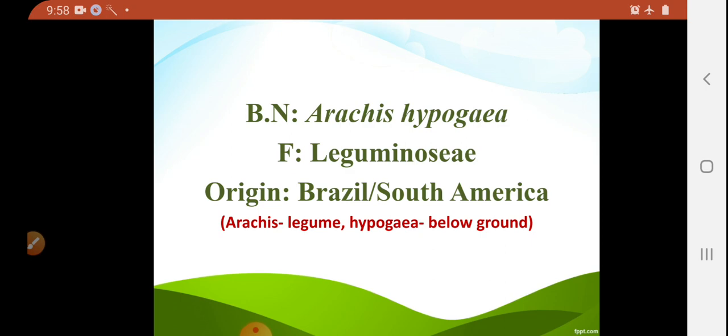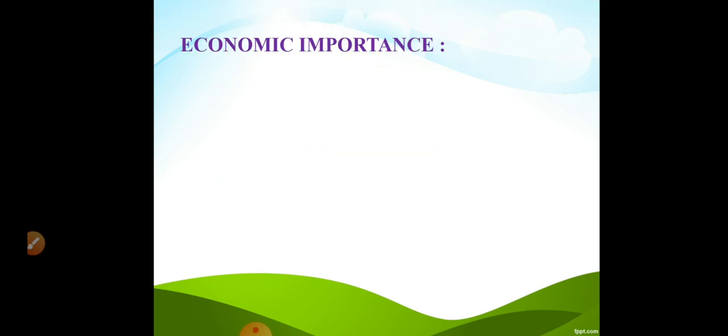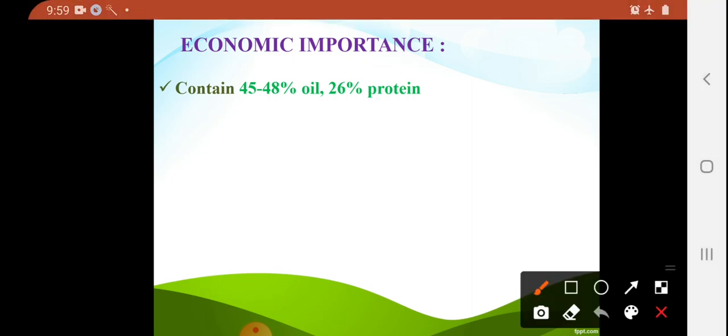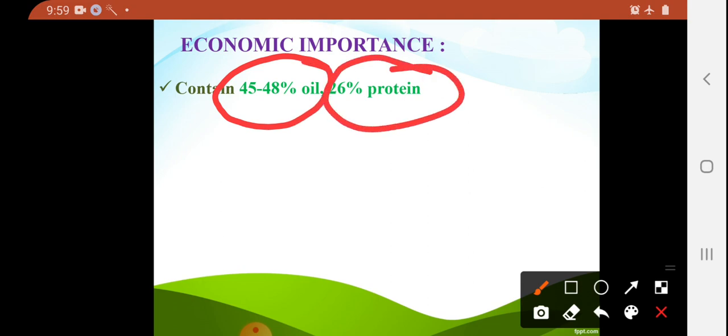Okay, let's move to the next part, economic importance of this crop. Why is this crop important for us? See, if we think about its quality parameters, this crop, groundnut, contains 45 to 48% oil and 26% proteins.